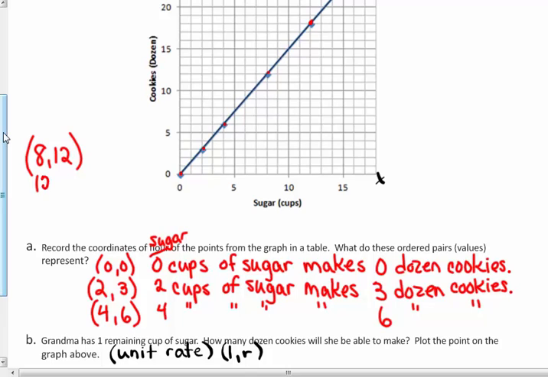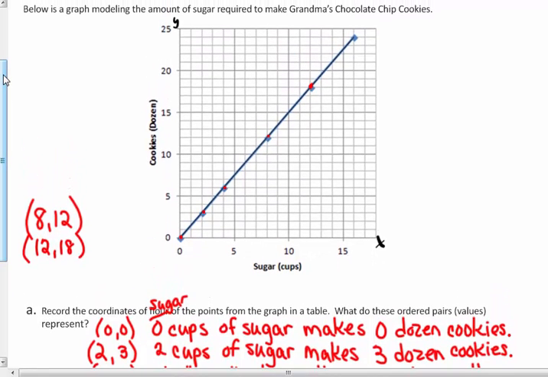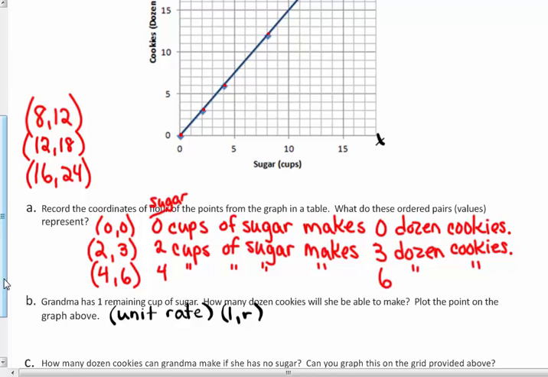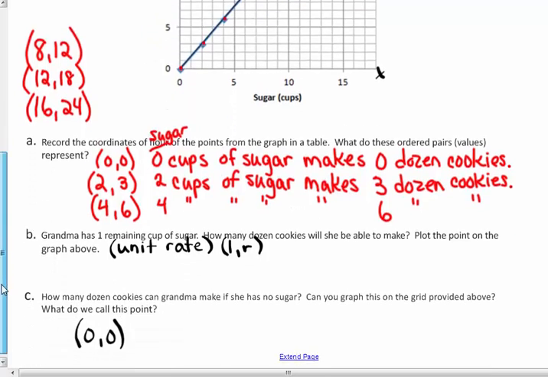Ran out of space, so you can just listen. You don't have to write it. And the last one is 16 cups of sugar makes 24 dozen cookies. You don't have to write that all out, but please do copy all 6 of the ordered pairs. It does say record the coordinates of the points of sugar here. So I did all 6 points from the graph.